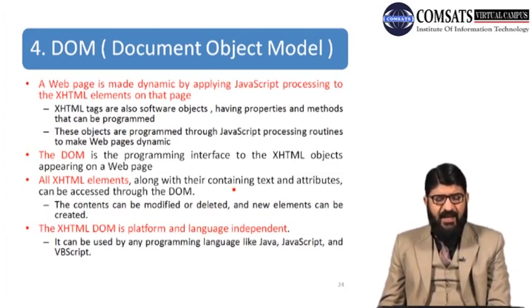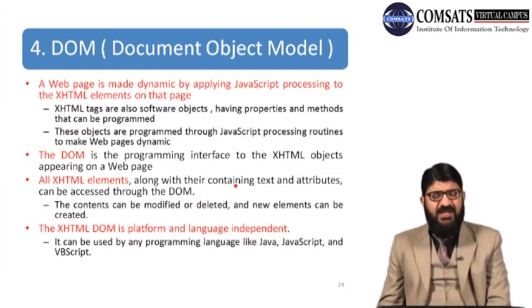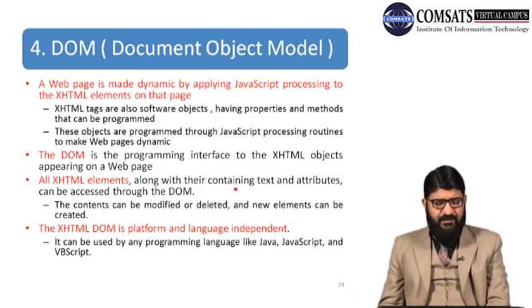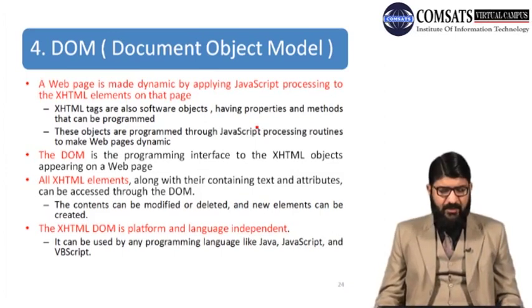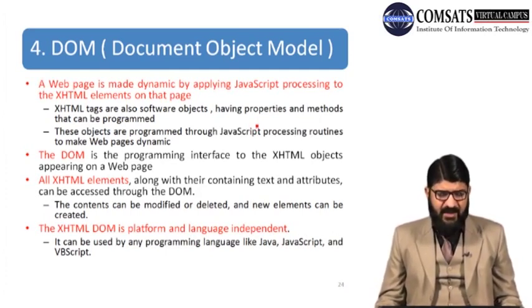XHTML tags are software objects having properties and methods that can be programmed. So the XHTML objects are programmed through JavaScript processing routines to make web pages dynamic. And the DOM basically provides the programming effects to the XHTML objects that appear on a web page.